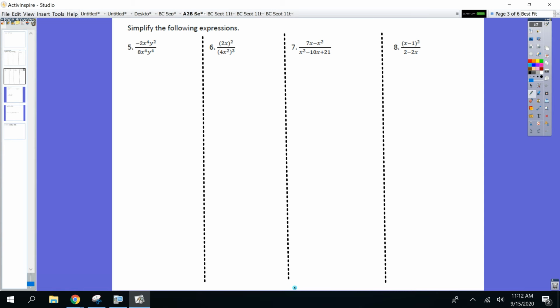Paper copies, here we go. Just leave your hand up for me. Yep, paper copies. Good, paper, thank you.